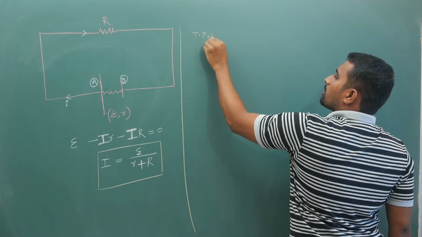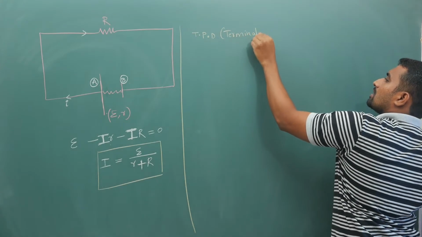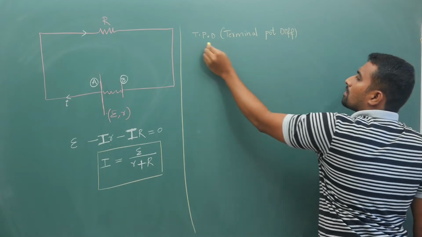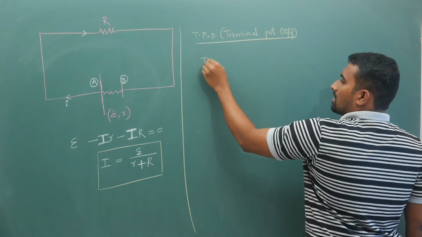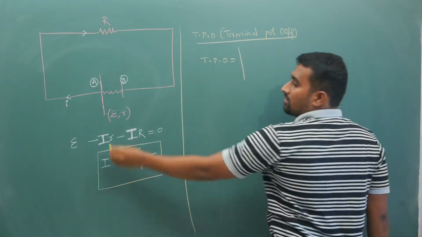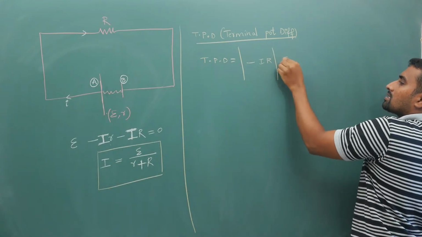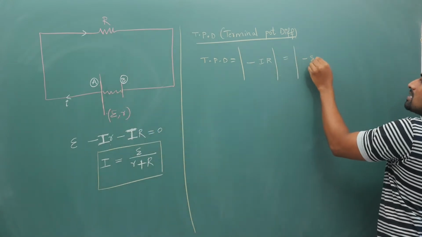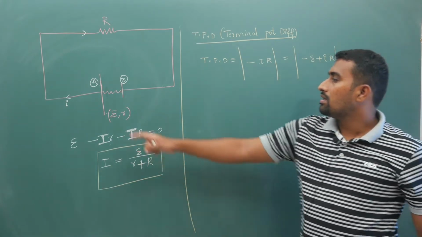The terminal potential difference, if you are traveling from A to B through the outside resistor, is minus IR. Through the cell, it is minus E plus Ir. That will give you your potential difference between A and B.